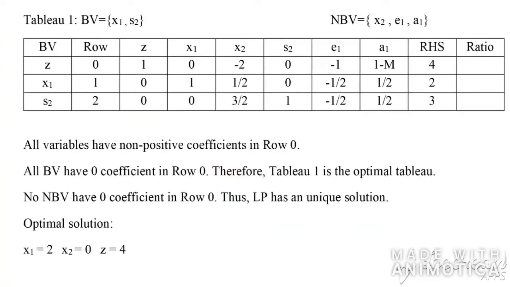And we proceed until the coefficients in row 0 are non-positive. To make sure tableau 1 is the optimal tableau, all basic variables have 0 coefficient in row 0 and no non-basic variable has 0 coefficient in row 0. Thus, the LP has a unique solution. The optimal solution is x1 equal to 2, x2 equal to 0, z equal to 4.